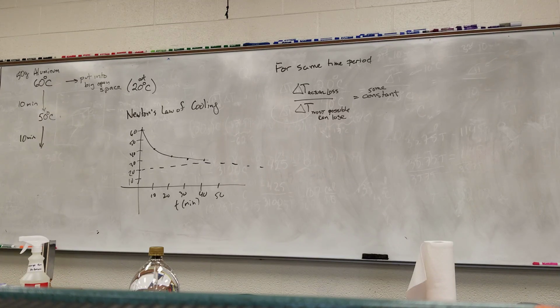So you would set that equal to that, solve for delta T, and that's how much it loses. That should be equal to this. But at this point, it's only 30. So 10 over 40 equals the change in temperature over 30.